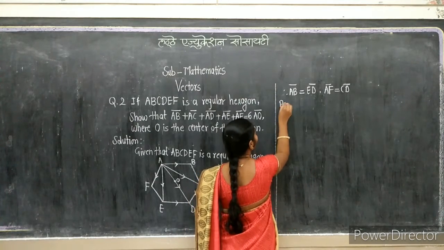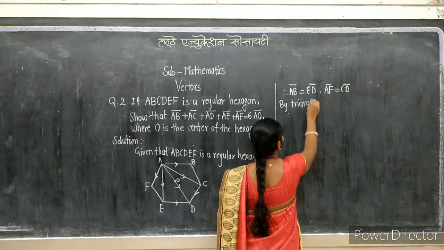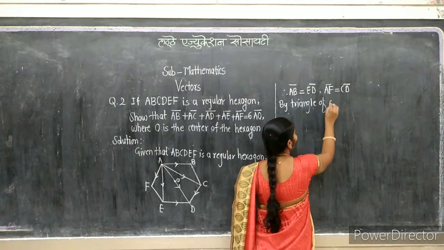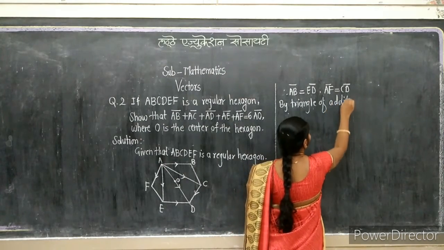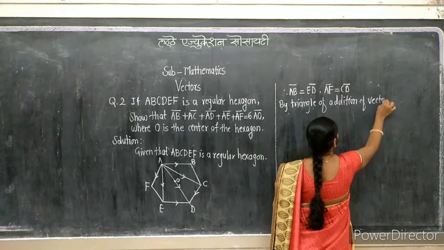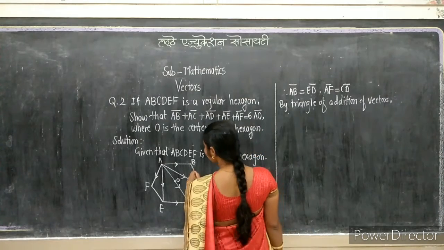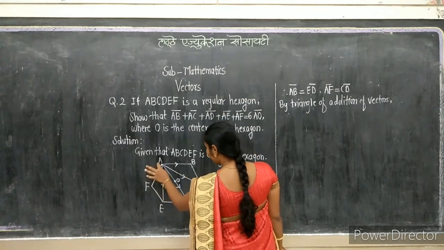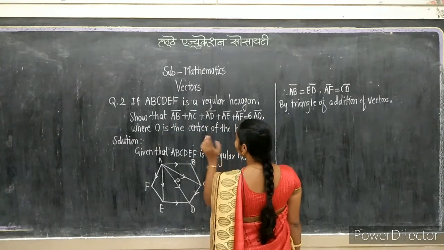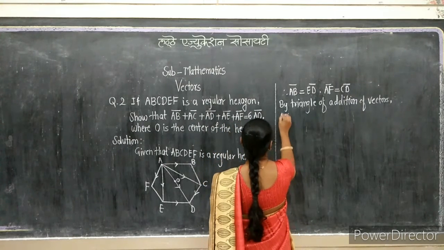By triangle law of addition of vectors, we get, first find out the term AC bar plus AF bar.